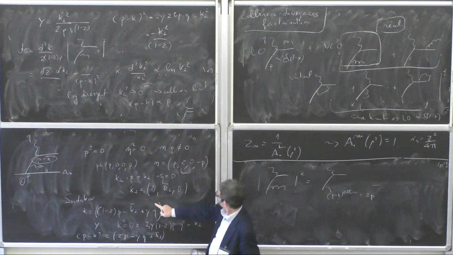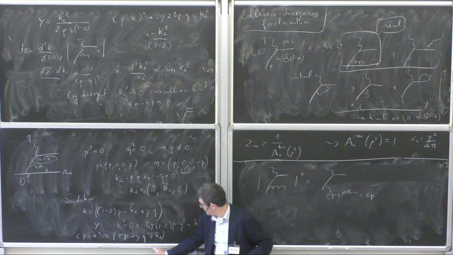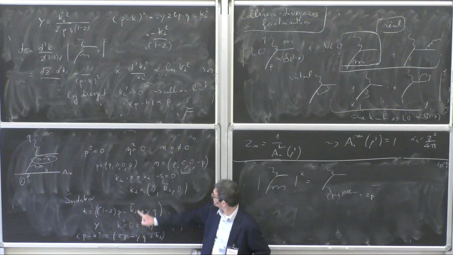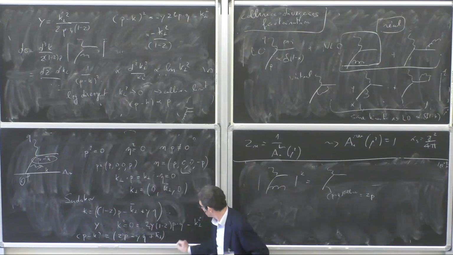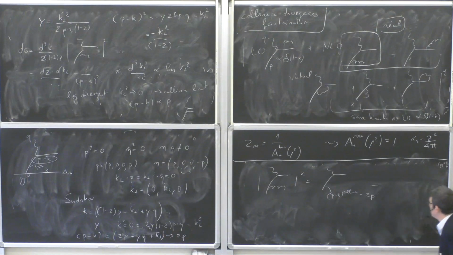Remember, p minus k was zp minus y eta plus k perp. If k perp goes to 0, this goes to 0. Y was also proportional to k perp. So in the collinear limit, this is just z times p. Okay?